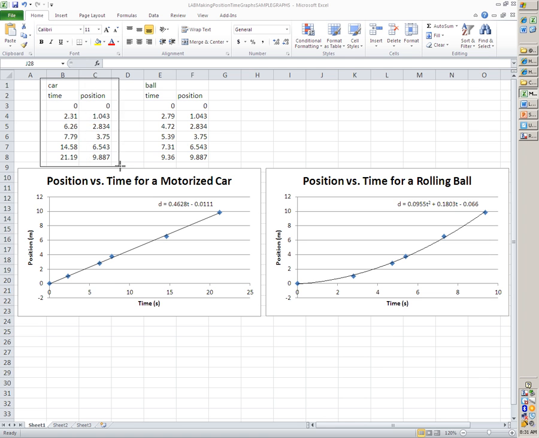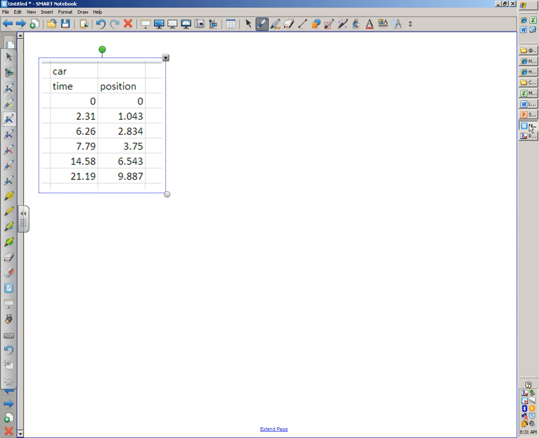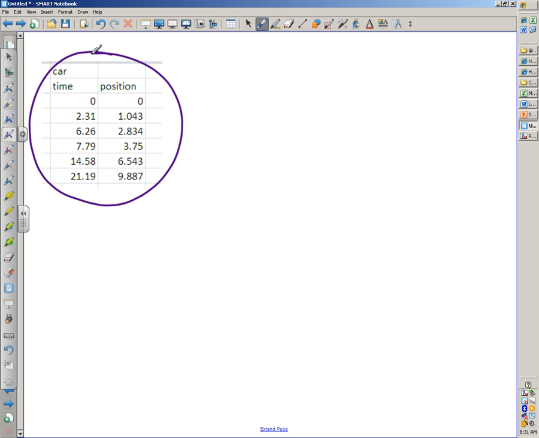I am going to take this car data and plop it here so I can do some calculations with it. And the first thing I want to calculate is the average velocity for this car's trip. In order to calculate the average velocity for this car's trip, what do I have to know?